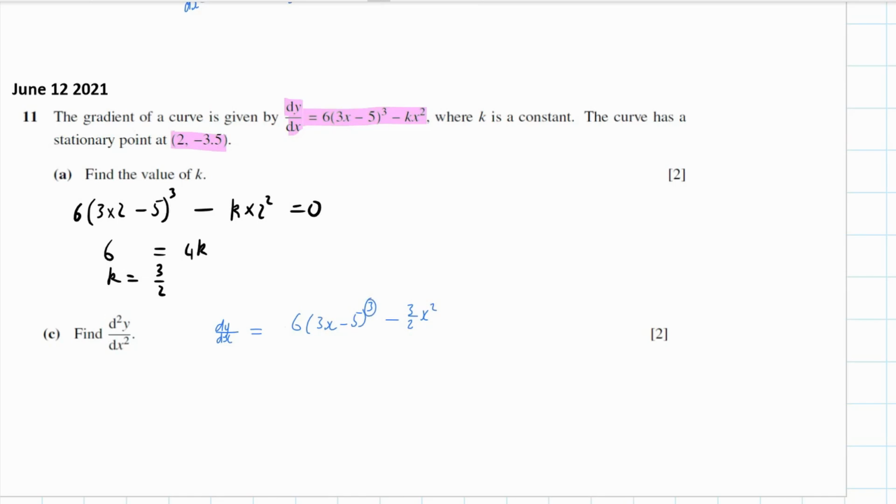So we're going to go 3 times 3 times 6. So that's 54. And then we're going to drop that whole bracket down by 1 power, so it should be squared. This thing here, the 2 times negative 3 over 2, so that will give us negative 3x. And that should be our answer for the second derivative, and that's all we need to do there.